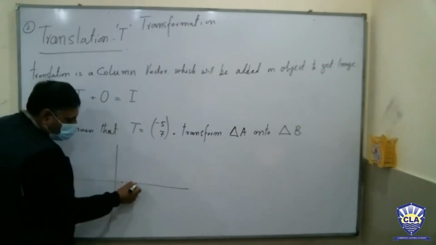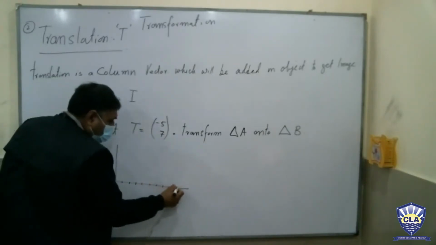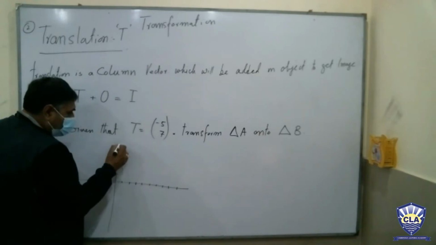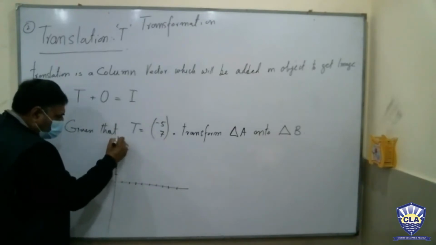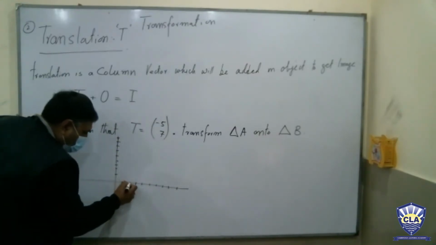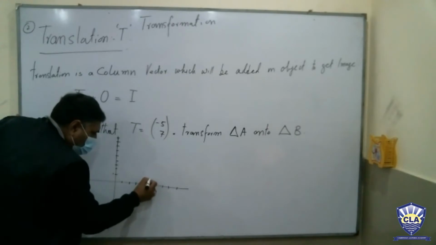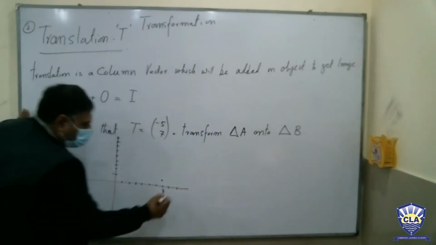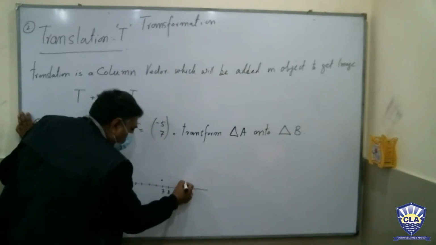The first point is 7, 1. The second point is 7, 8, 9, and 10, 10, 1.